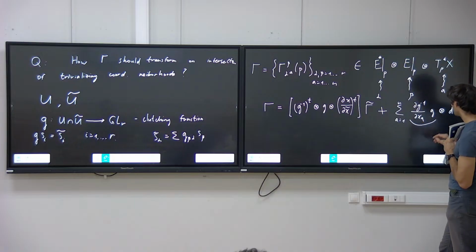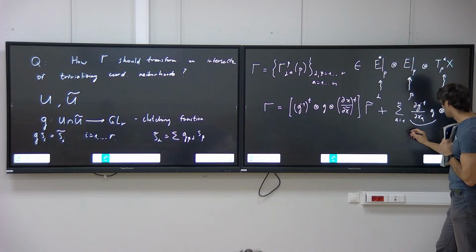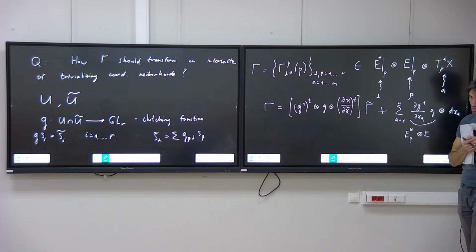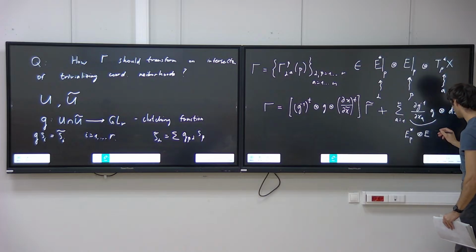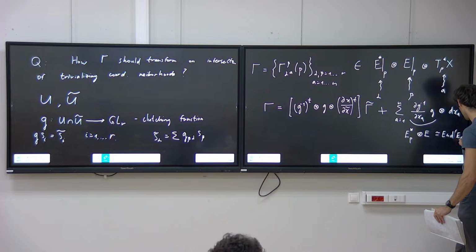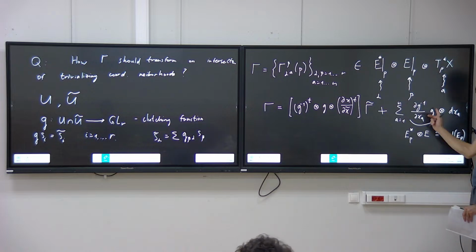So I think of this term as living inside E_P star tensor E_P, and this is the same as endomorphisms of E_P.